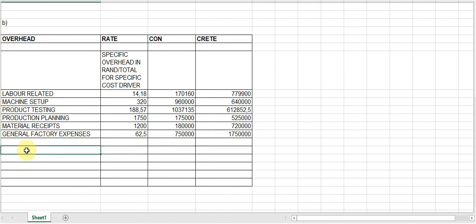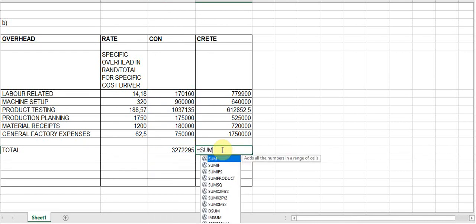There I have done all my calculations. So the only thing that is left to do is to get to the grand total. What is the total overheads to be allocated to Con? Now I just need to get to the sum of every single total that I have calculated, for Crete as well.